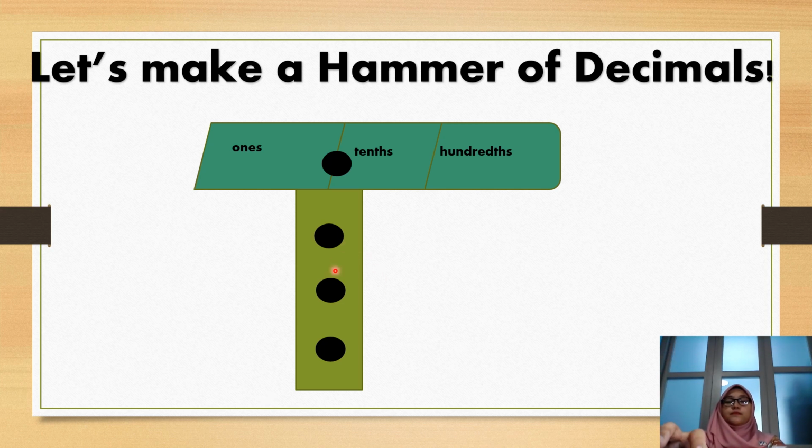The decimal point we must put in one line. This is the decimal point.